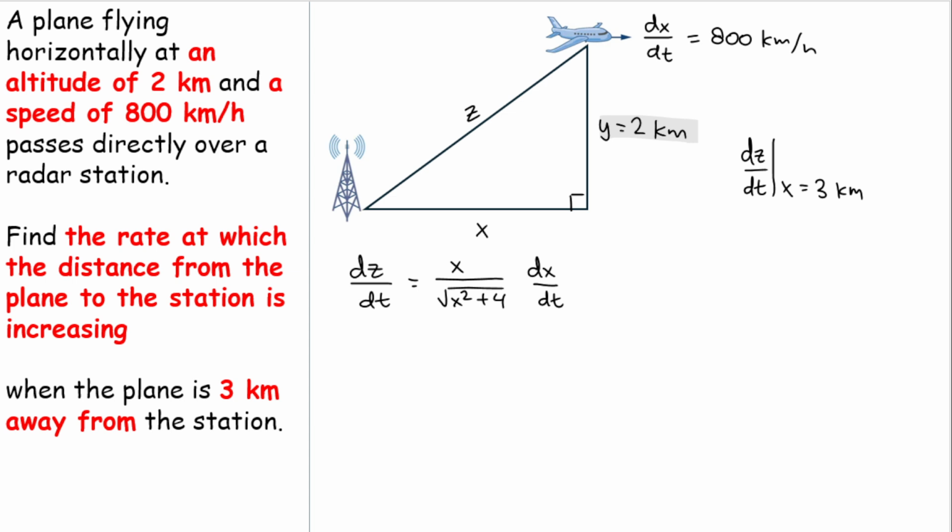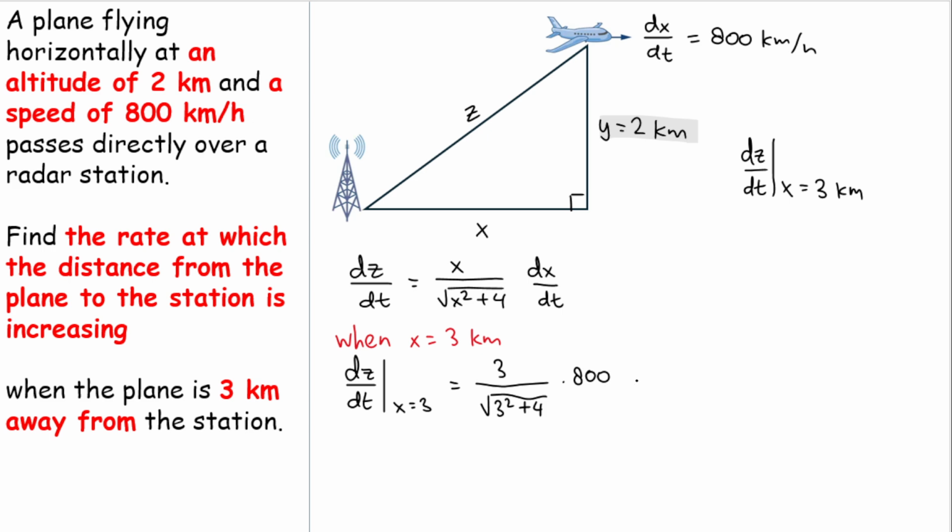Now all that we need to do is to plug in x equal to 3 km. So when x is equal to 3 km, we will have dz/dt here, and the notation of when is like this, x equal to 3. This x here is 3, divided by the square root of 3 squared plus 4, multiplied by dx/dt, so I will have 800.